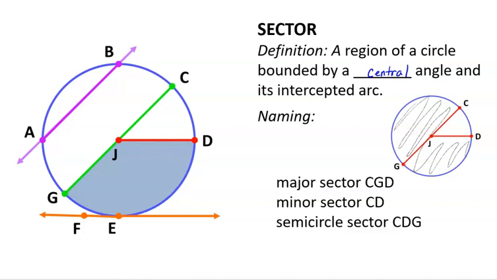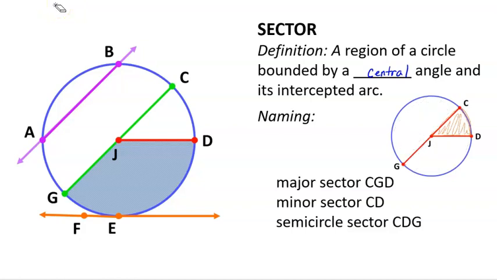So you're going to put sector and then you're going to use 3 letters. And if I'm talking about minor sector CD, that means we're talking about the minor arc CD and then the central angle CJD, and then we're taking the area of that piece there. And then, of course, your semicircle would be only half of your circle.